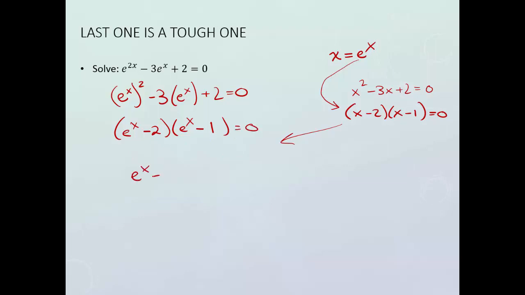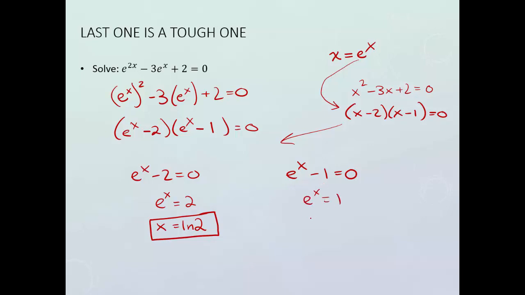E to the x minus 2 equals 0, and e to the x minus 1 equals 0. So we get e to the x equals 2. We're going to ln both sides. We get x equals ln of 2 as one solution. And the other solution, e to the x equals 1, ln both of those, x equals the ln of 1, which equals 0.